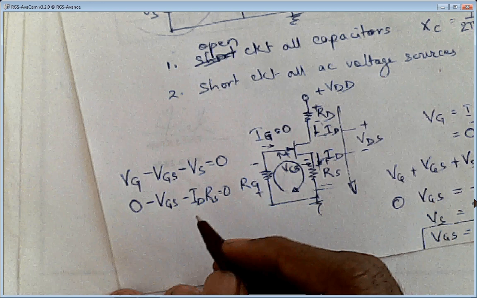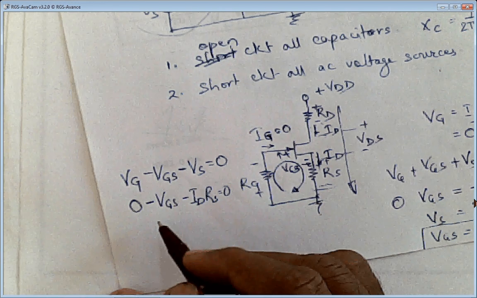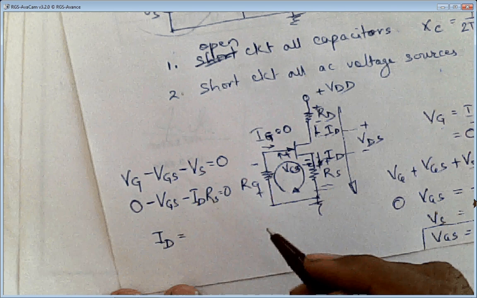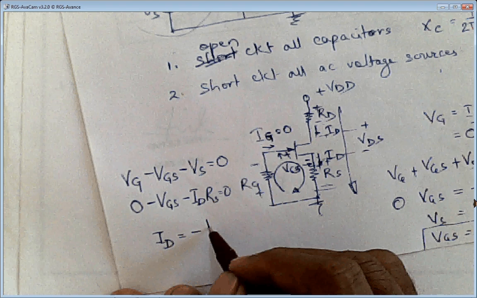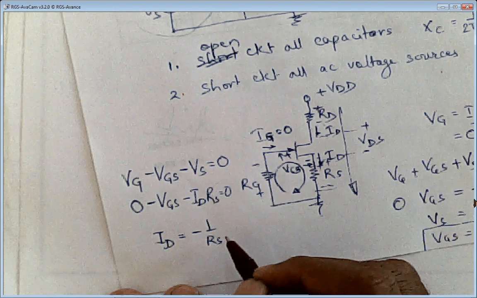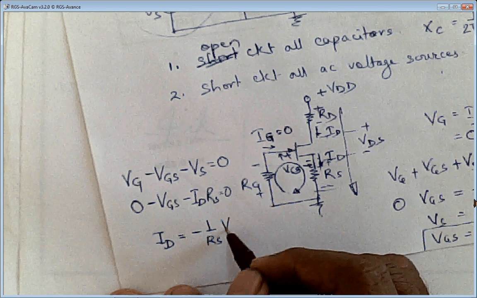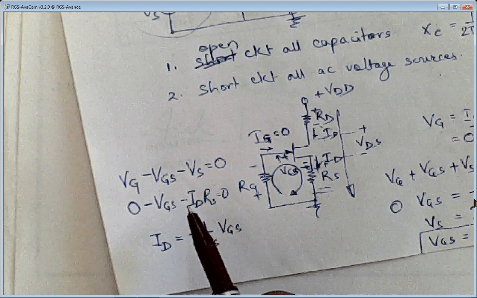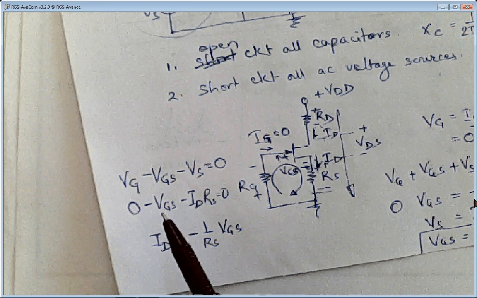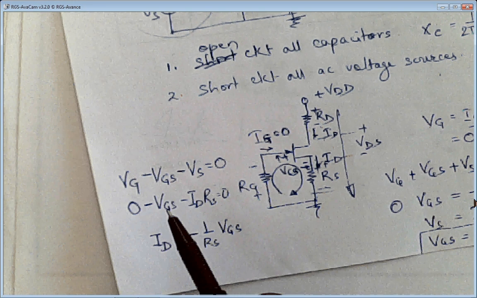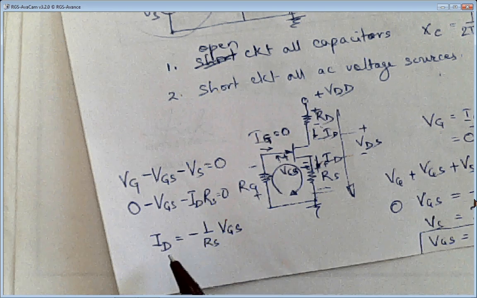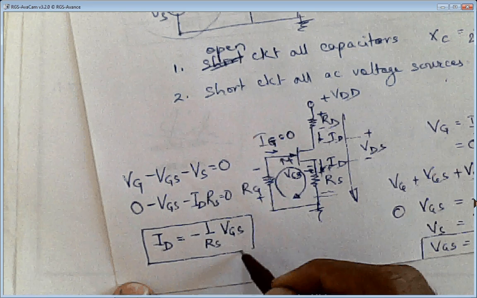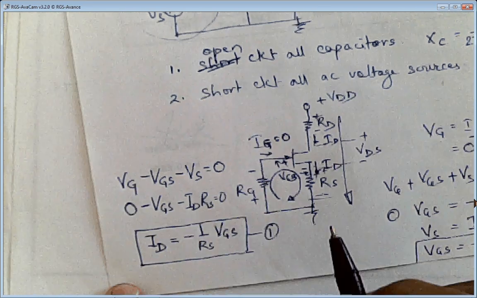Again, simplifying this equation, Id is equal to minus 1 upon Rs into Vgs. Taking Id Rs on this side and dividing by Rs, I get minus 1 upon Rs into Vgs equal to Id, and we have written it in this form. So remember this one, I'll call that equation number 1.